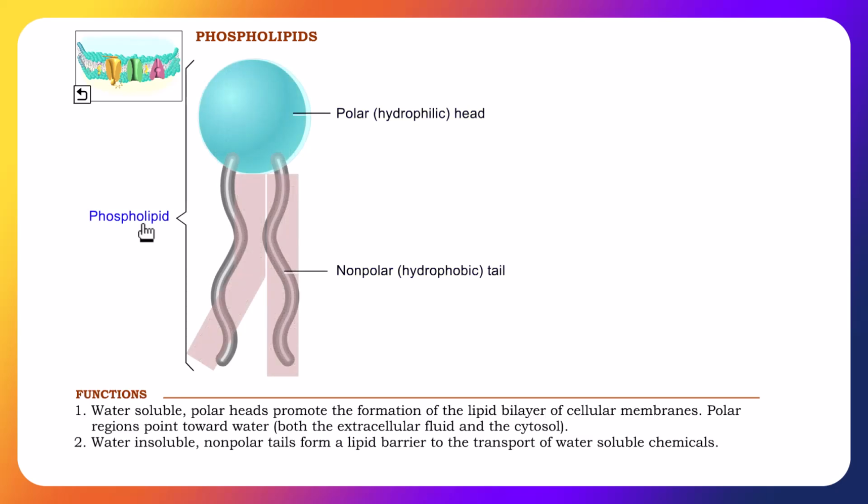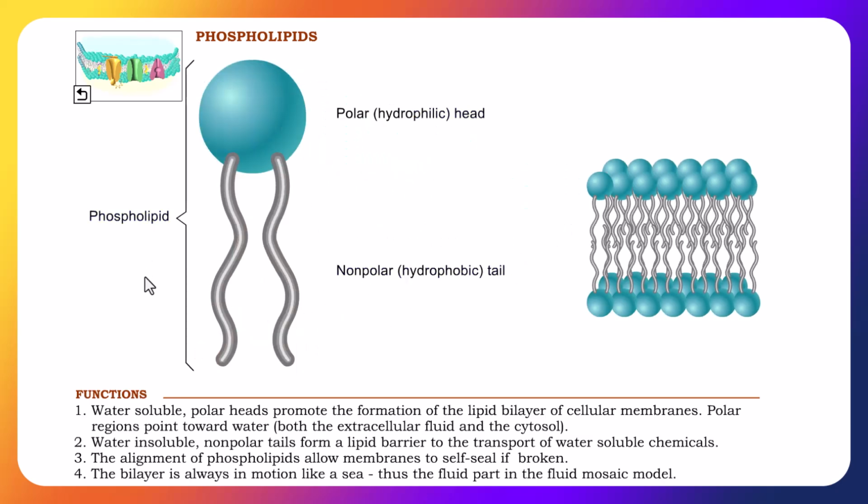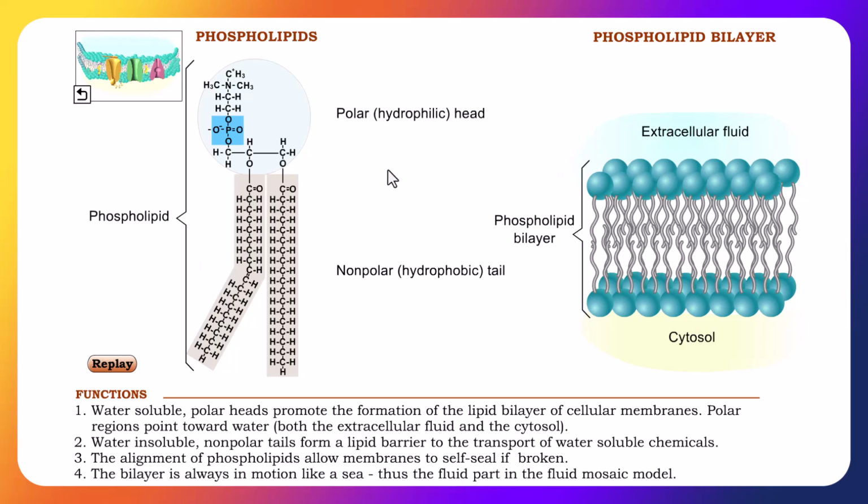The main components of the phospholipid bilayer are the molecules phospholipids, thus the phospholipid bilayer. These molecules have two components. They have polar hydrophilic heads, which are water soluble, and they are going to promote the formation of the lipid bilayer in cell membranes.